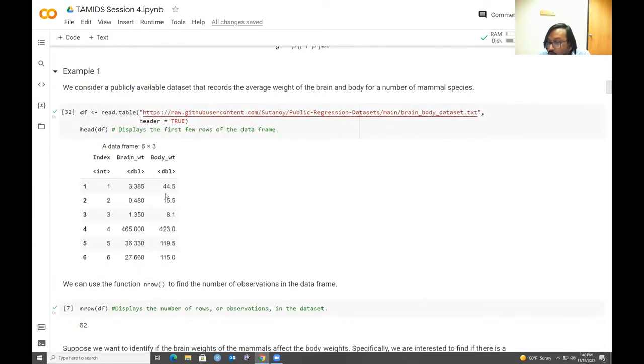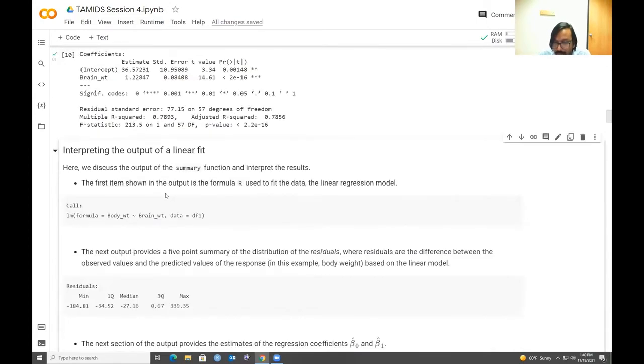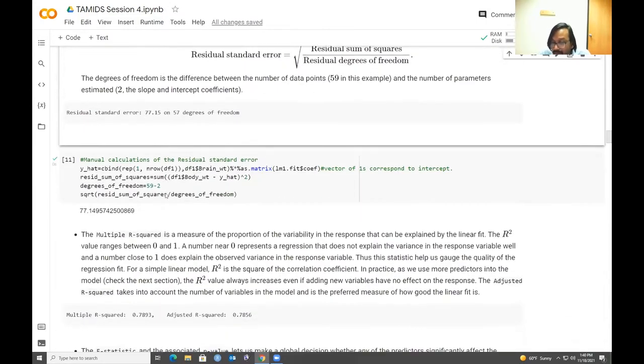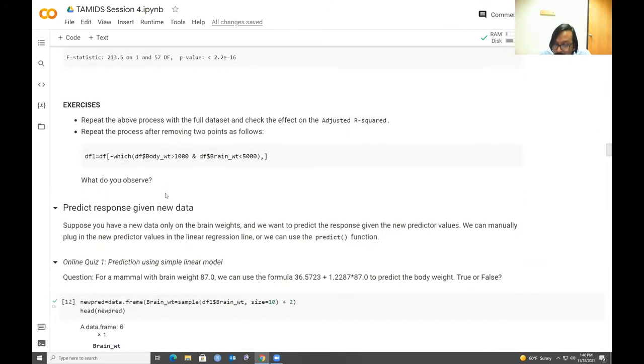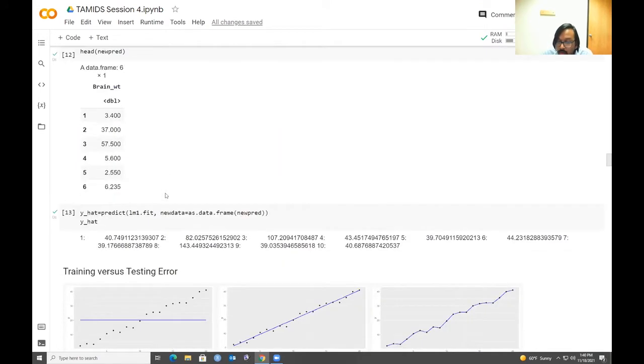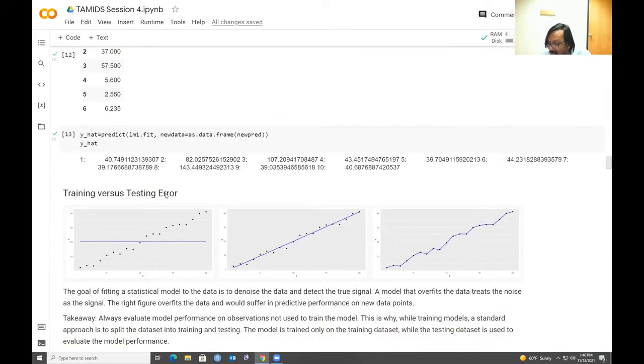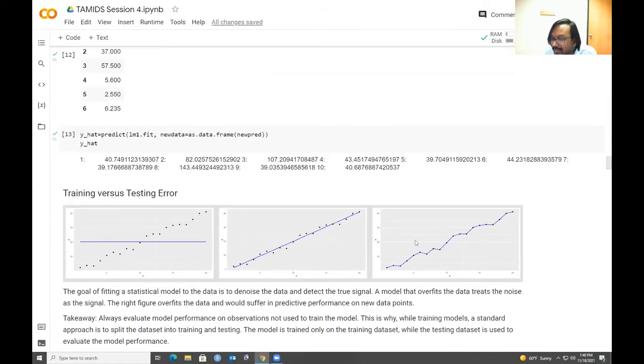We want to capture the overall pattern. So a good model learns how to separate the overall pattern from the individual noises, the individual idiosyncrasies. So here are three plots and three fits.